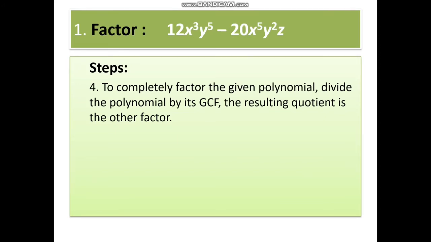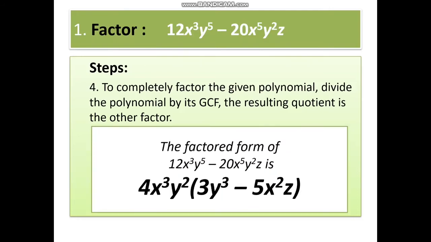The resulting quotient is the other factor. So the factored form of 12x cubed y to the 5th minus 20x to the 5th y squared z is 4x cubed y squared quantity 3y cubed minus 5x squared z. So this is now the complete factored form.